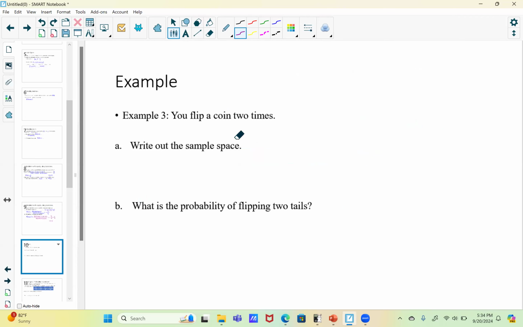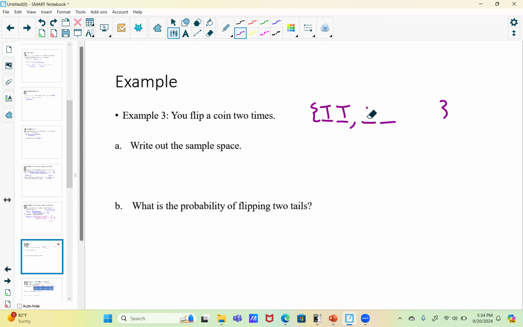Let's look at another one. We flip a coin 2 times, and this one is helpful to write out the sample space. We need to write out all of the options, so we have to think about what happens on each flip and what all the possibilities are. We write what happens on our first flip and our second flip, and we do that for each option. I could get a tails and another tails.